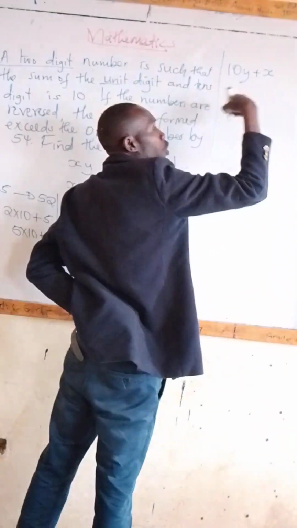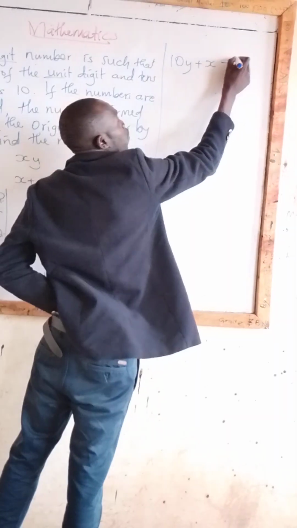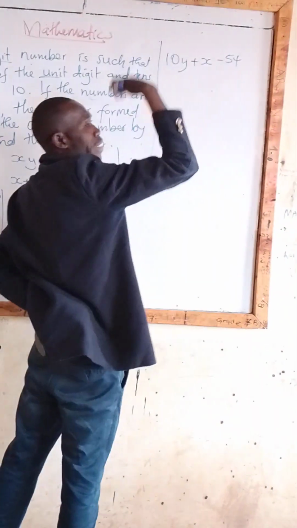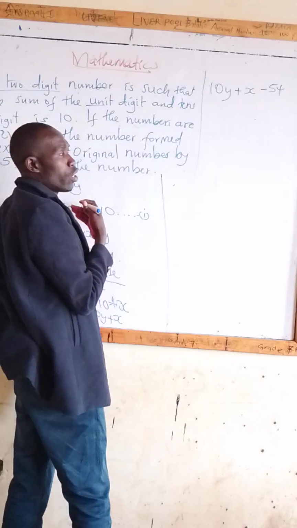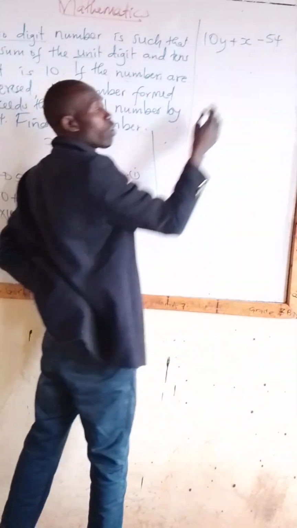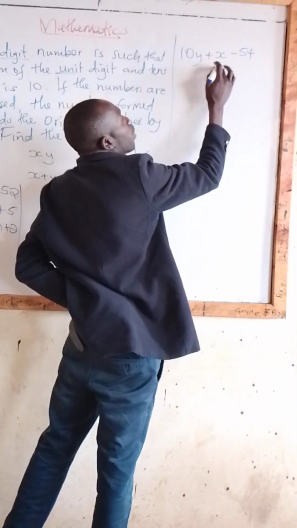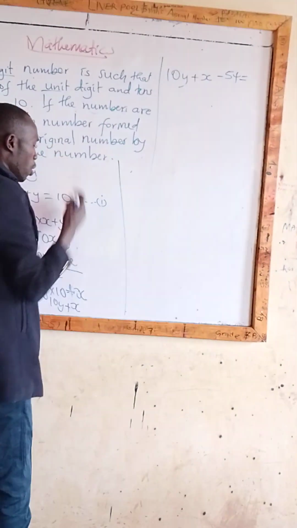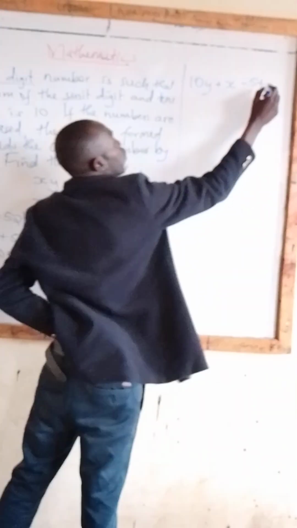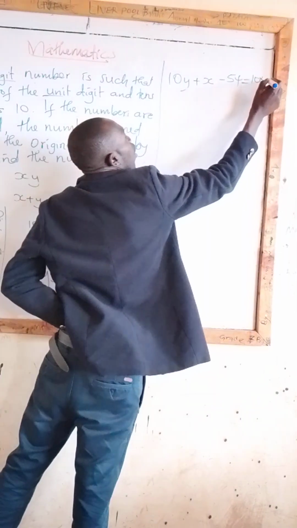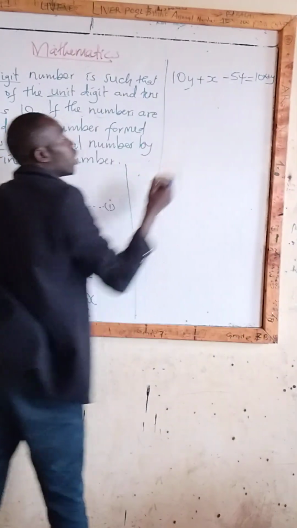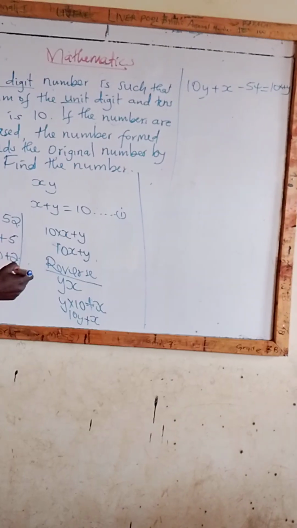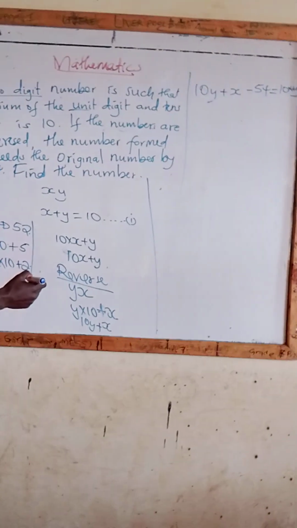Since the reversed number exceeds the original number by 54, when you take away 54 from 10y plus x, it is the same as the original number, which is 10x plus y. So we get 10y plus x minus 54 equals 10x plus y.